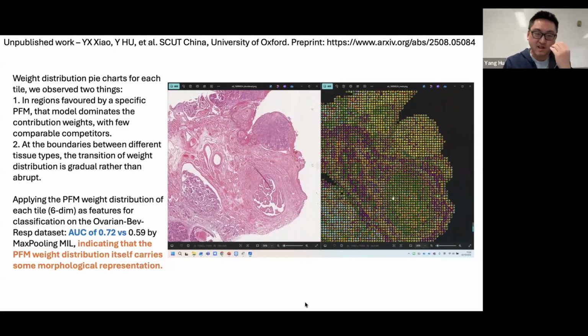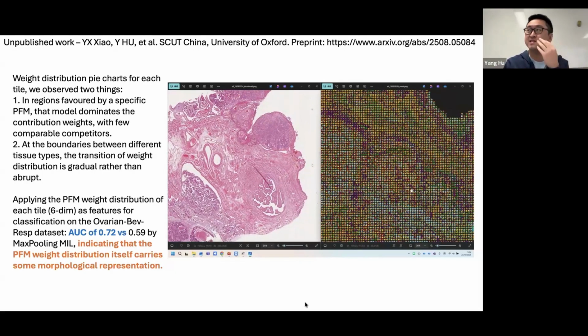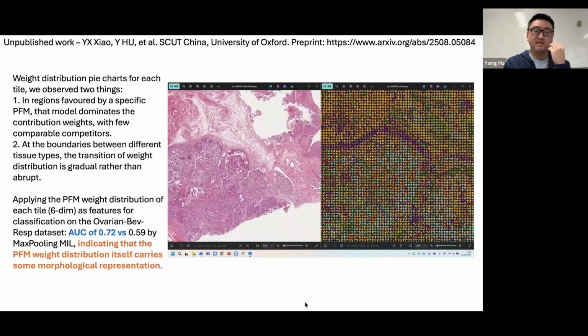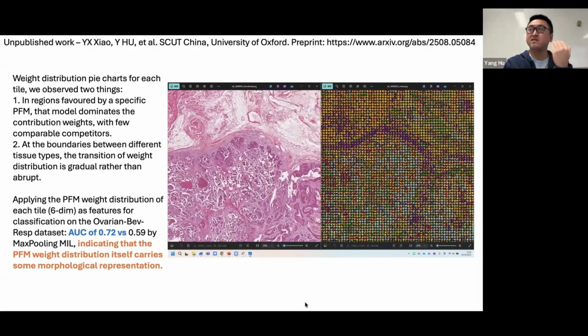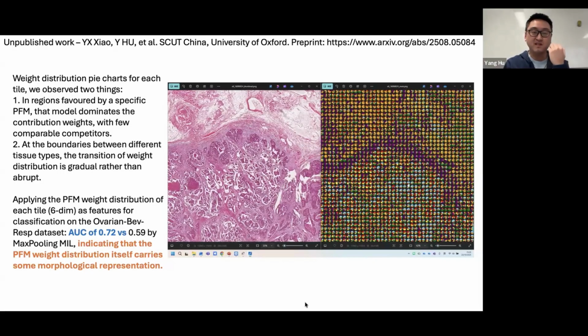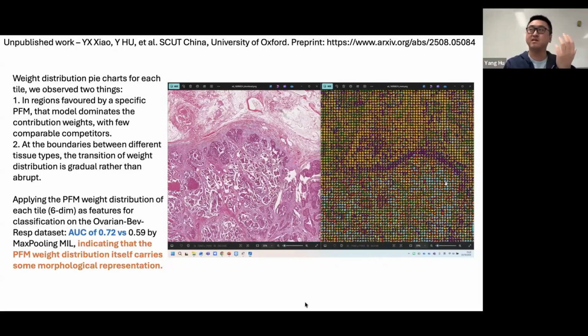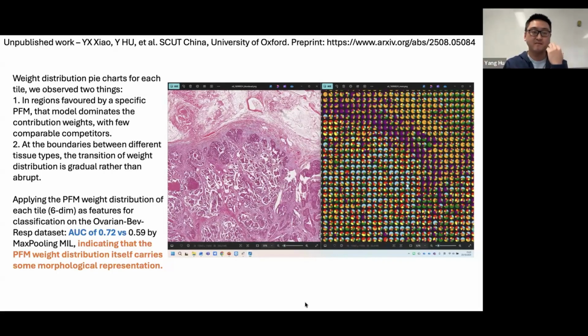We don't get very good accuracy because it's just 6 dimensions, but we get an AUC of 72% versus only 59% for the max pooling multi-instance learning baseline.